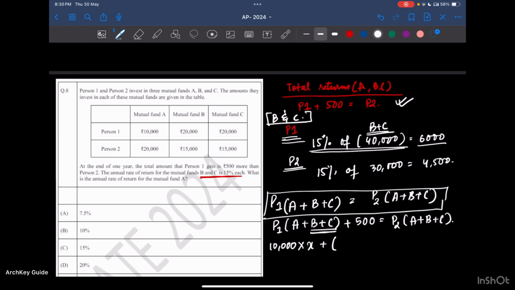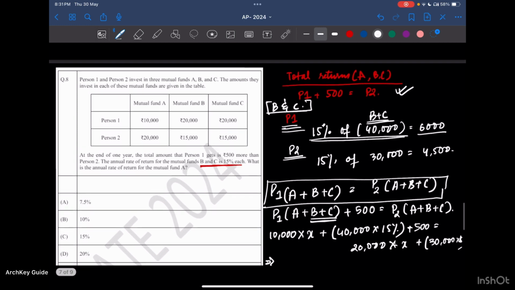So B plus C, the amount was 40,000 into 15%, plus 500 equals, again A 20,000 for Person 2 into X plus B and C 30,000 into 15%.